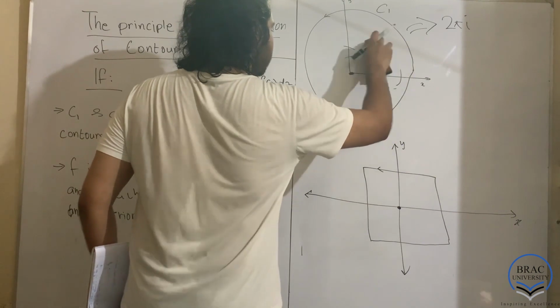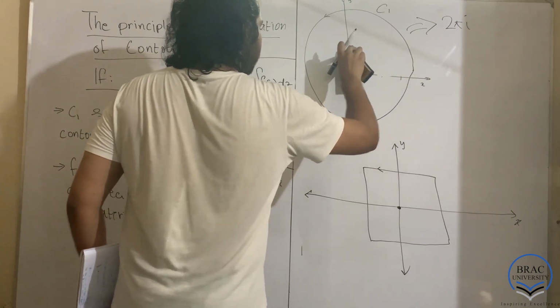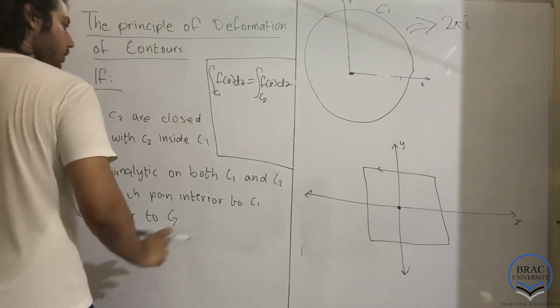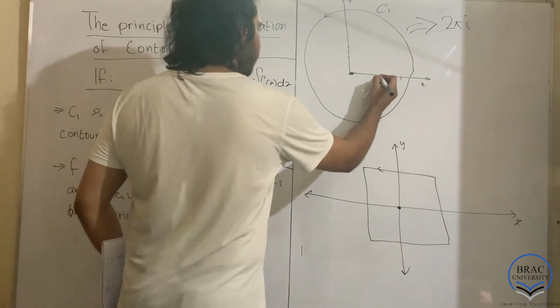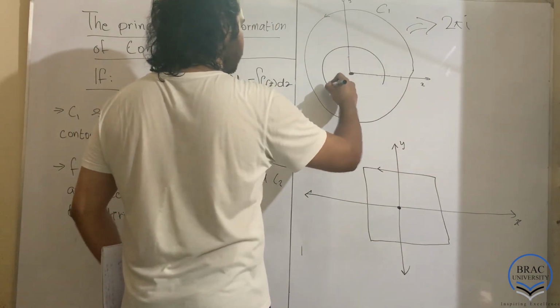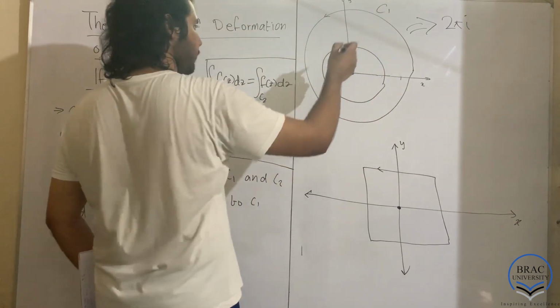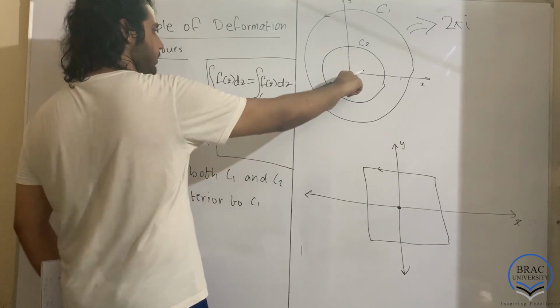We know the discontinuity occurs at the origin, as in when z is equal to 0. So we can have a smaller circle, which is inside our contour C1. We know this is C2, and this contains our discontinuity.